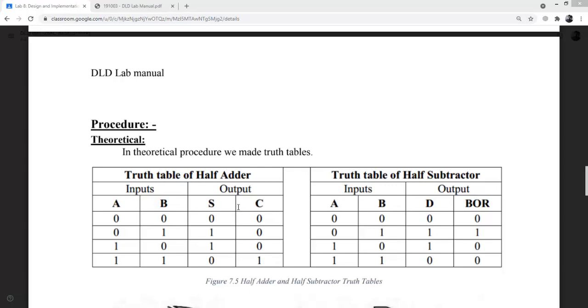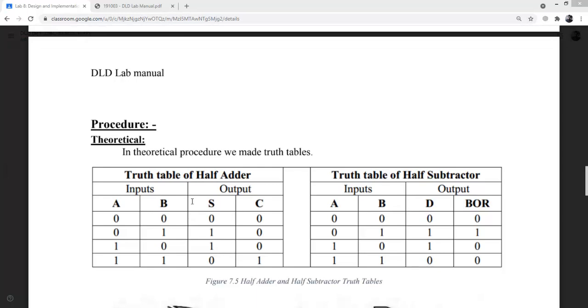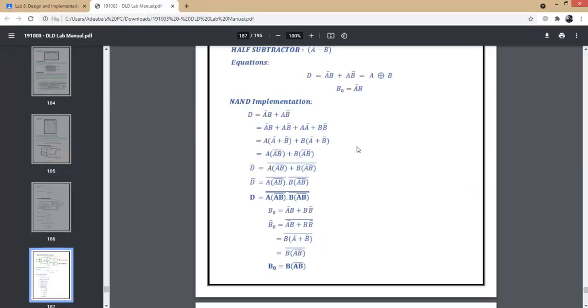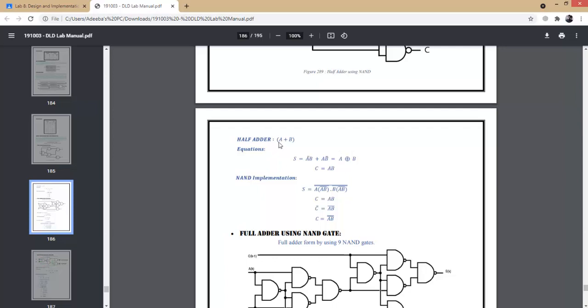Now we will make the circuits using simple equations from this truth table, and those simple equations will then be converted into NAND gates, and then the same truth table will be implemented using the NAND gates. So if I show you here, this is the implementation of the half adder.